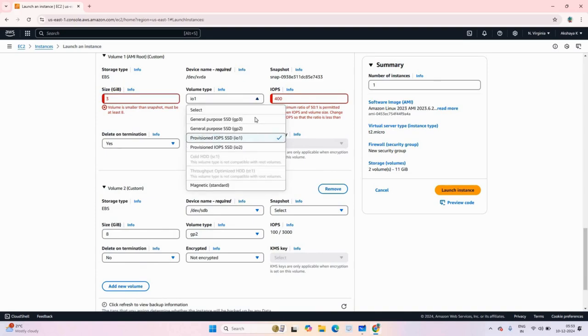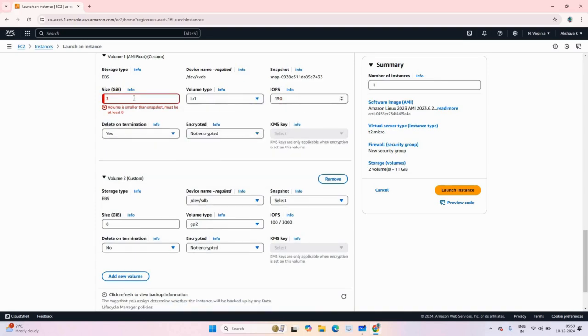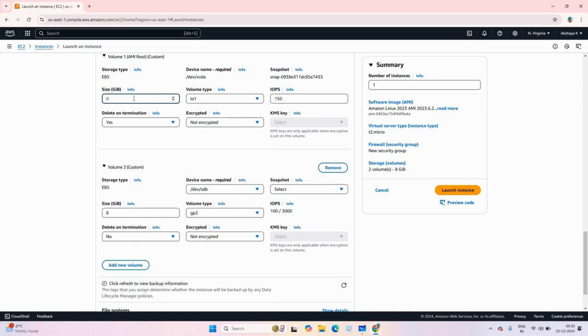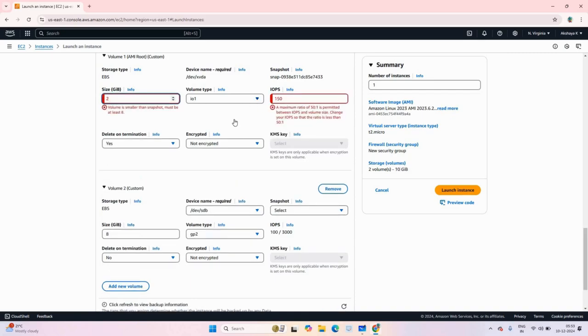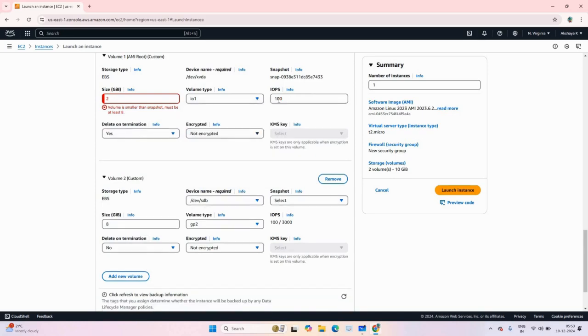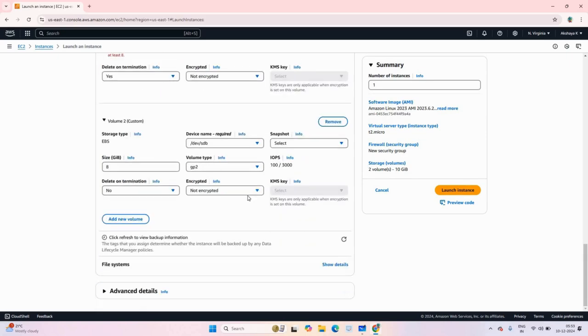If I give 10 GB, that means 500 IOPS. Below 100 is not allowed, so it shows the minimum, and the volume is smaller than it must be, which is 8.